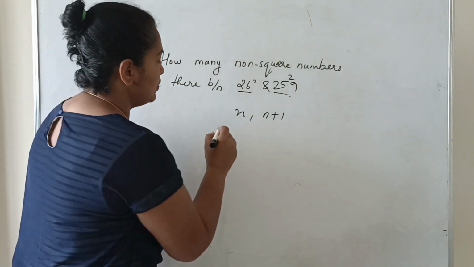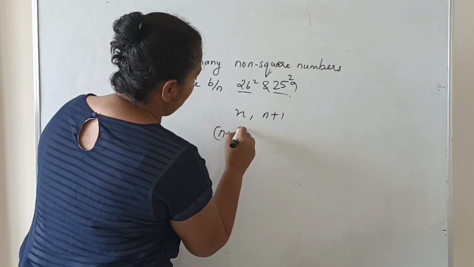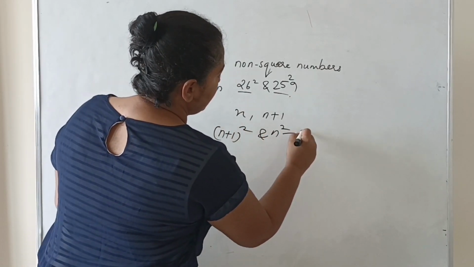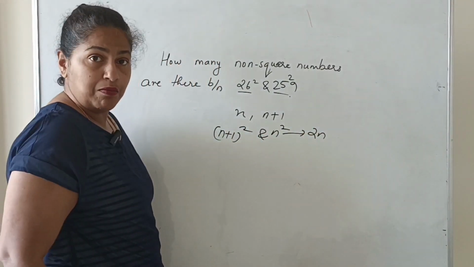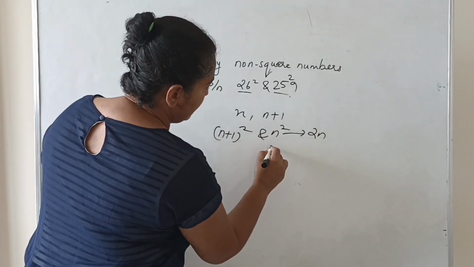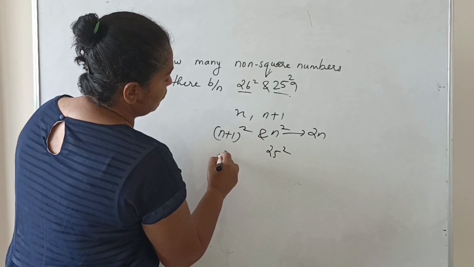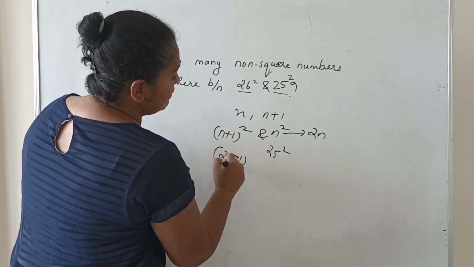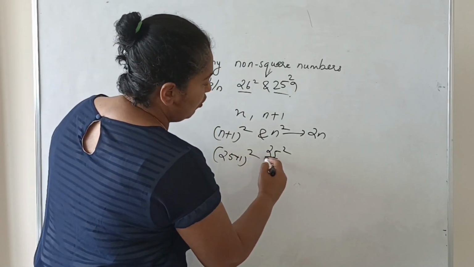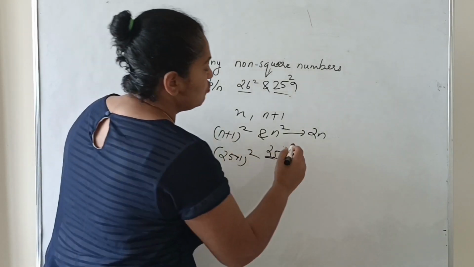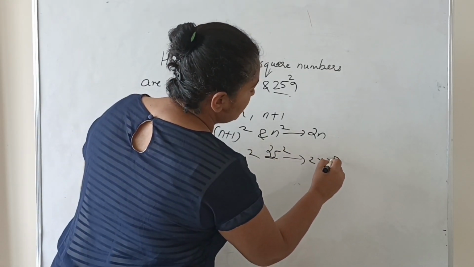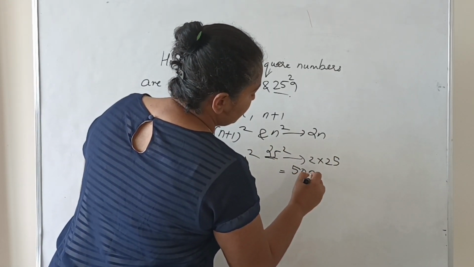Between n plus 1 the whole square and n square, we have got 2n numbers. Here, what is the value of n? n is 25, n square is 25 square, and n plus 1 the whole square becomes 26 square. So the value of n is 25. So how many numbers are there? 2 into 25, 50 numbers.